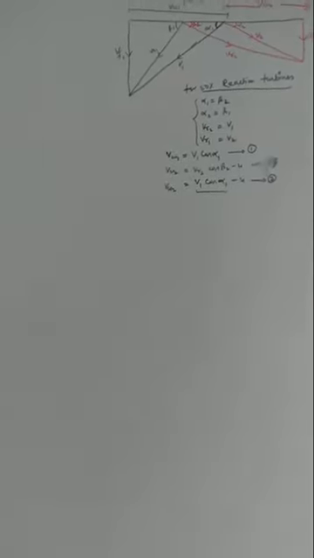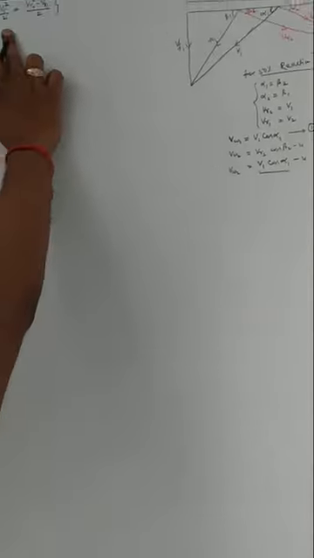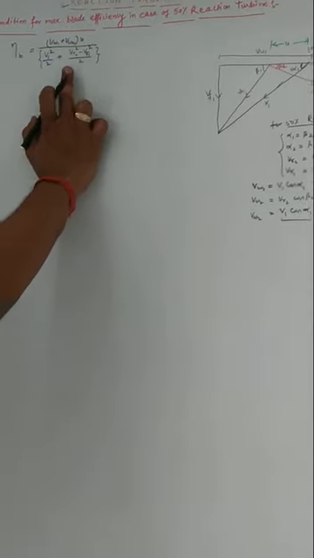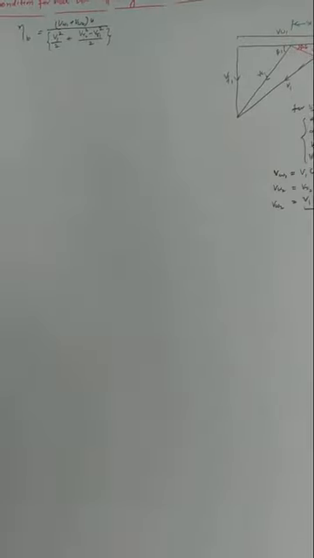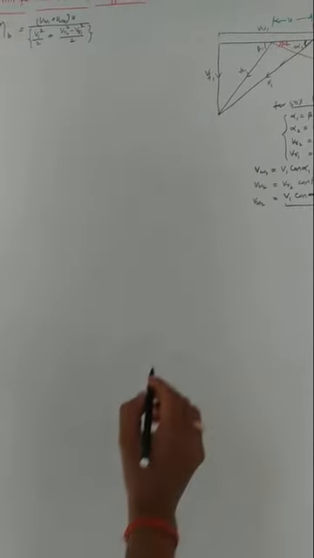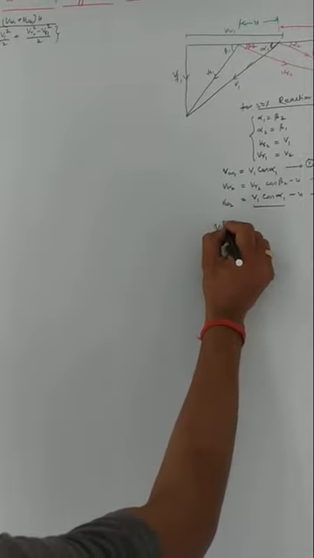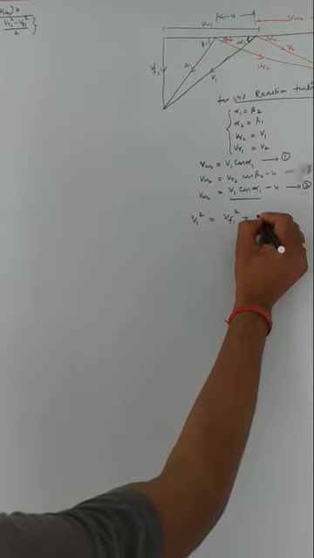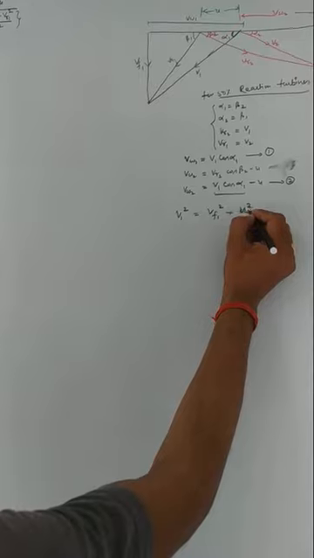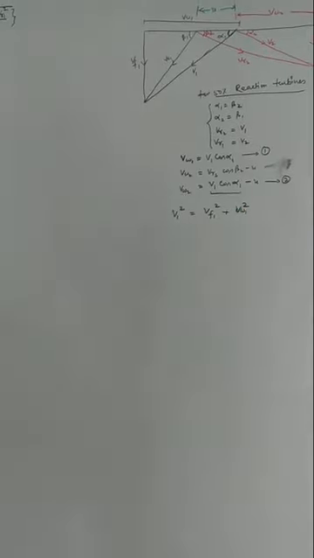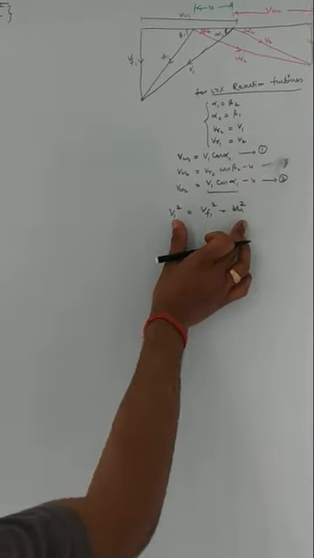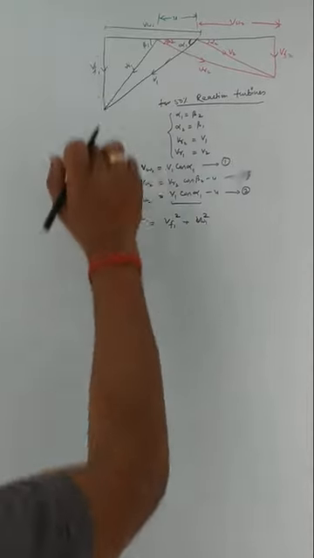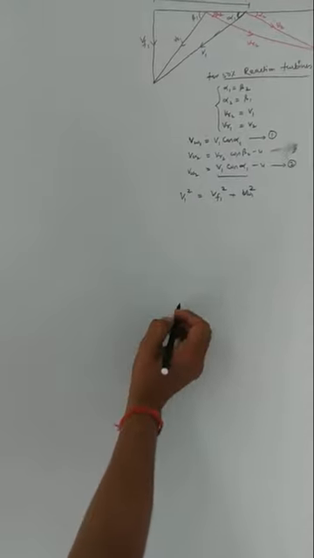Okay, and for the denominator we can write V1, VR1 and VR2 in terms of absolute velocity. So we can write V1 square is equal to VF1 square plus VW1 square at the inlet velocity triangle, in a right angle triangle.